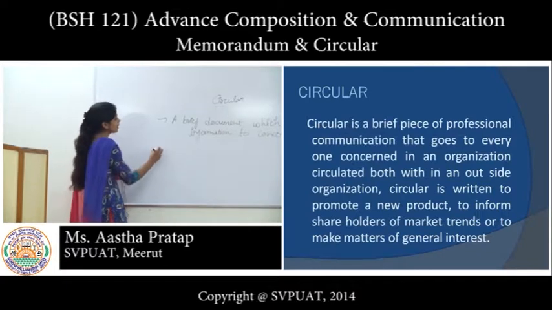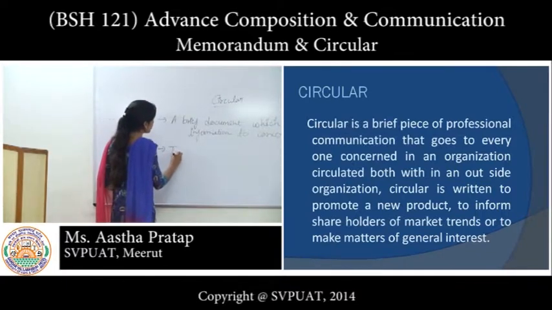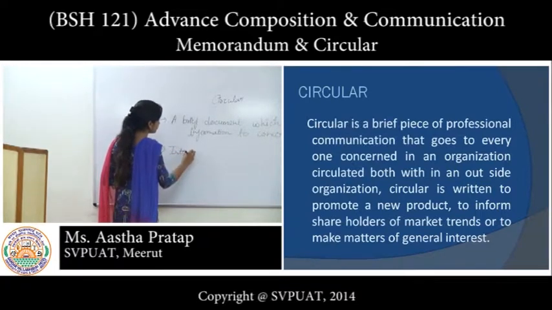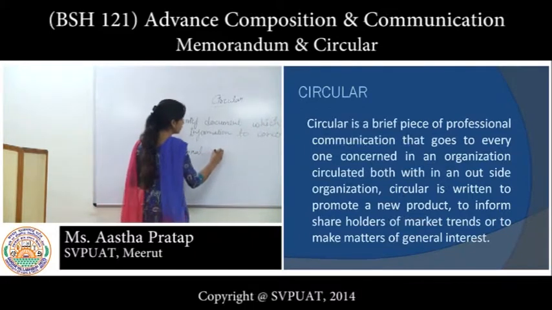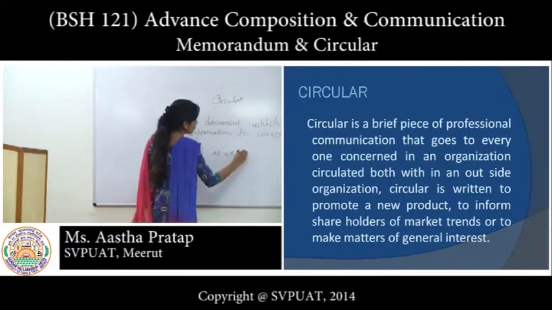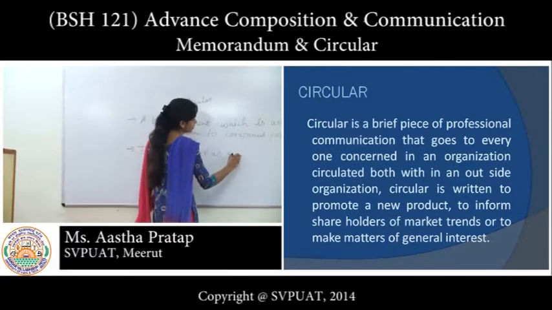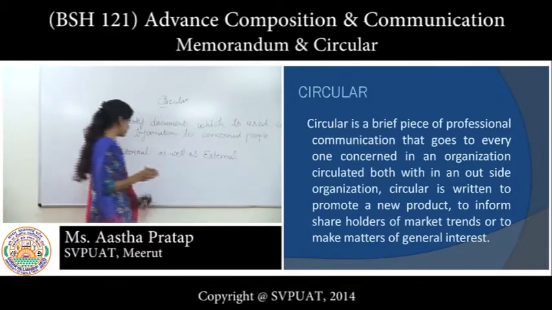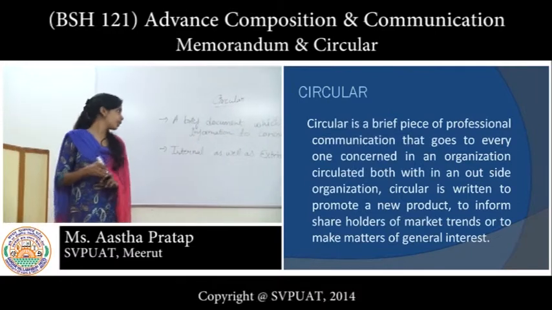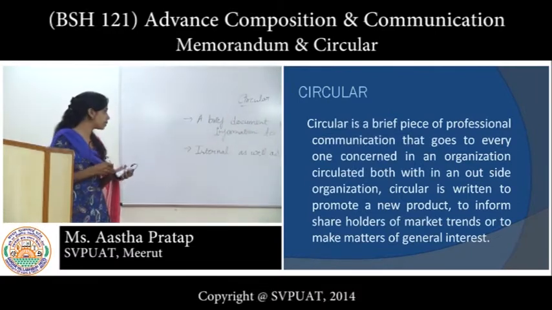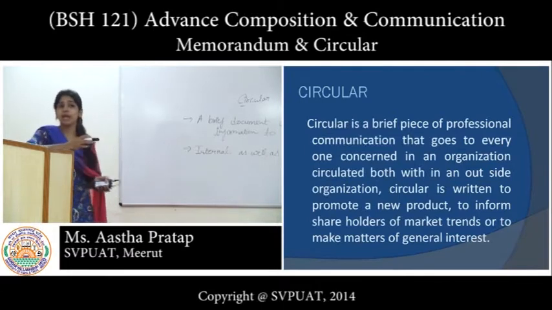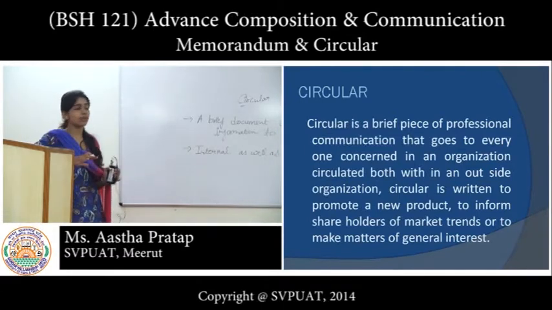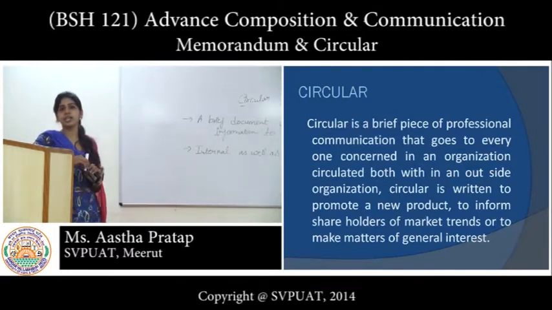Now this circular can be internal as well as external. So a circular can be internal and external, means it can be used to transfer information within the organization, or it can be used to transfer information outside the organization.